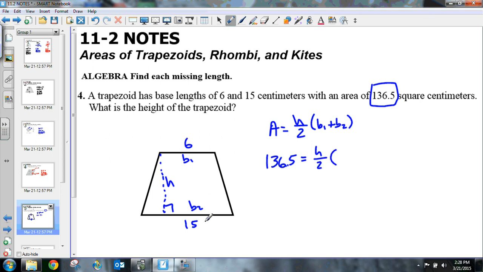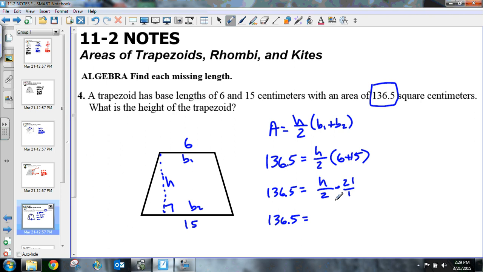So 6 plus 15, my bad, let's just write 6 plus 15. Write that in, and I get 136.5 is equal to my height divided by 2 times 6 plus 15, which is 21. And I'm going to put that over 1 here. Okay, so what I end up getting here is 136.5.